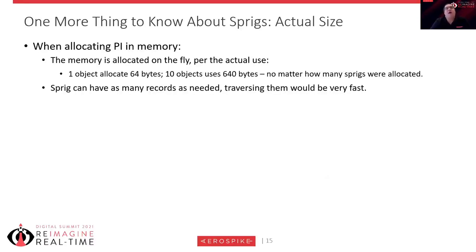In a hybrid memory architecture, one object allocates 64 bytes, and 10 objects would just be 10 times that amount, 640 bytes. As we release objects, delete objects and add objects, the size of the memory would stay the same, so it would be linear.